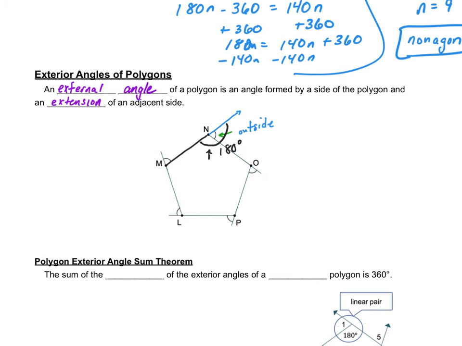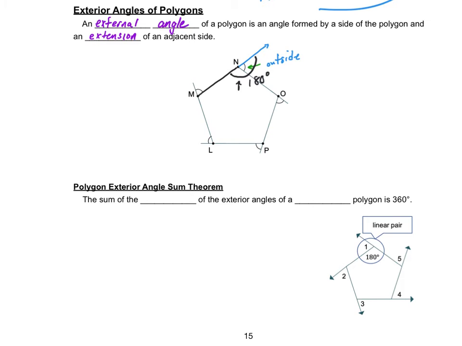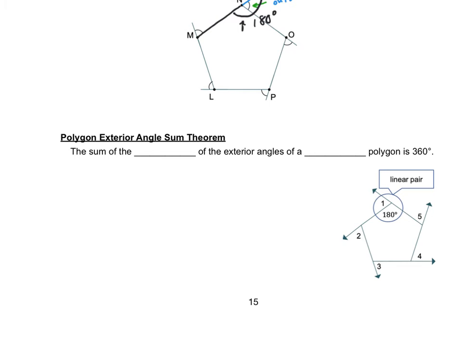So using that, the polygon exterior angle sum theorem says the sum of the measures of the exterior angles of a convex polygon is going to be 360 degrees. And we're going to prove that here.